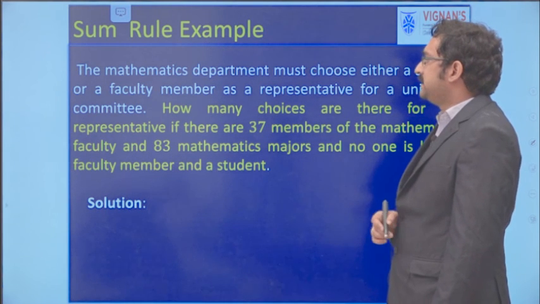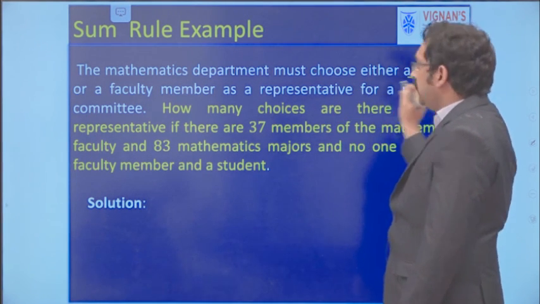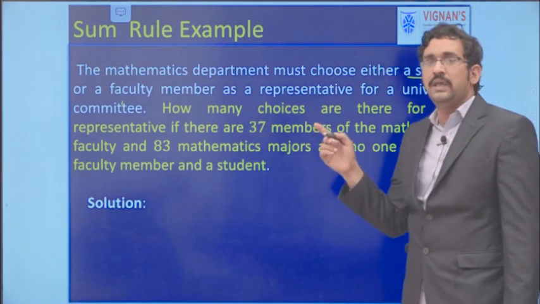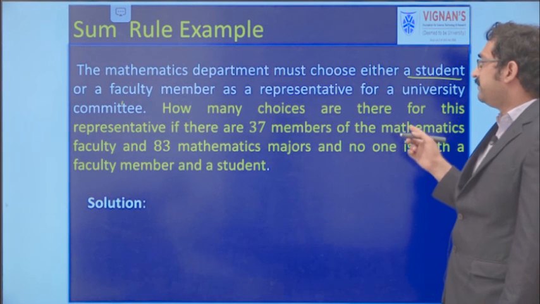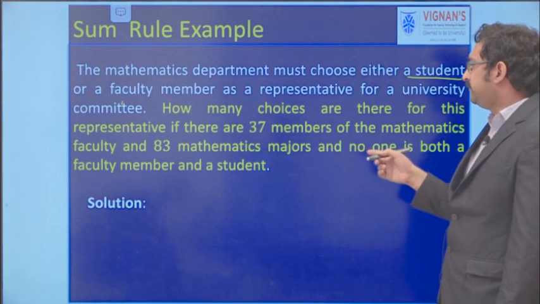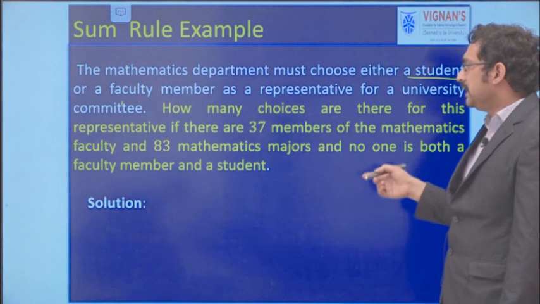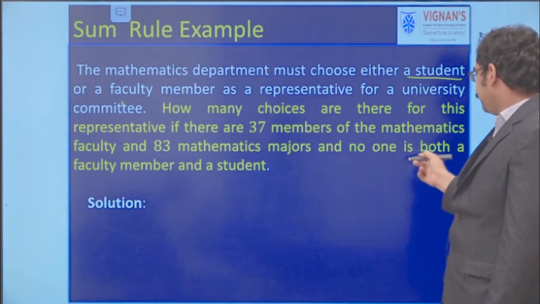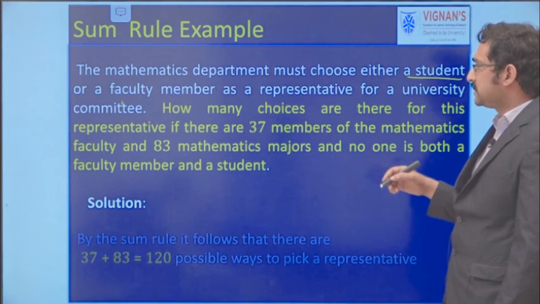Here an example is given. The mathematics department must choose either a student or a faculty member as a representative for a university committee. How many choices are there for this representative? There are 37 members of the mathematics faculty and 83 mathematics majors, and no one is both a faculty member and a student.